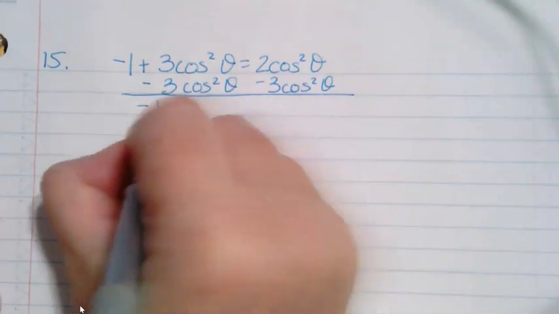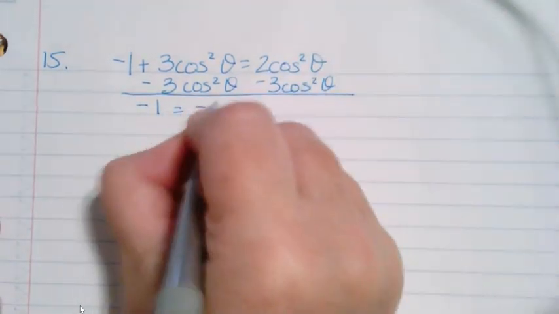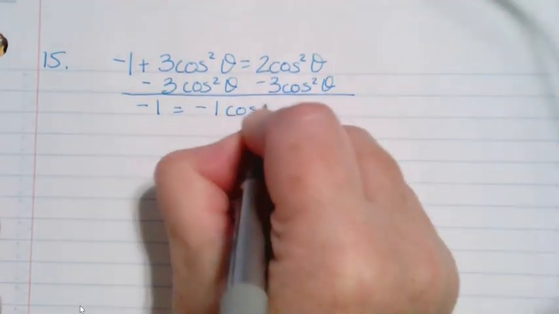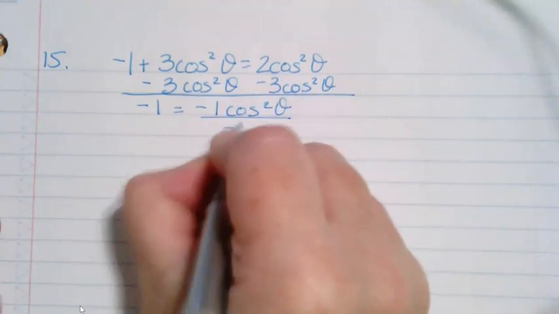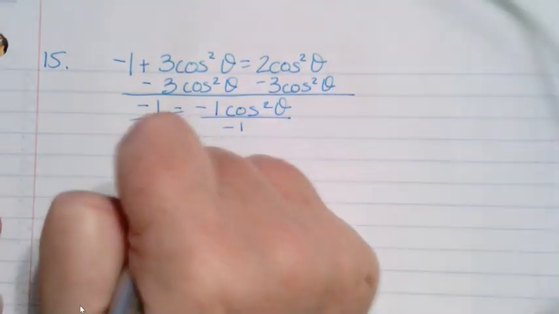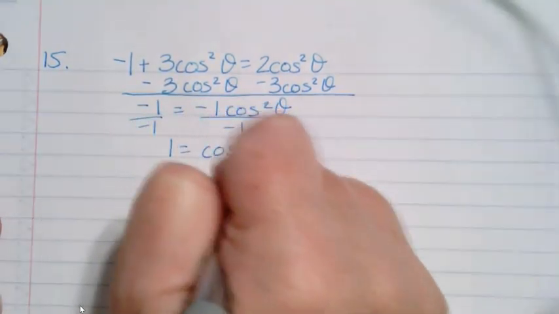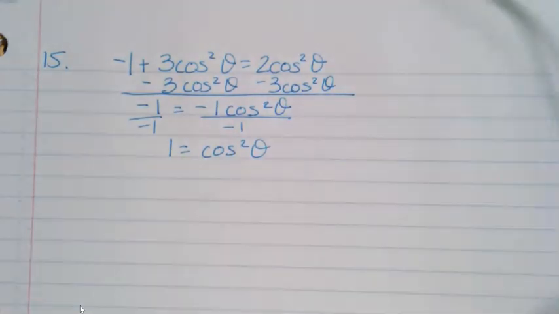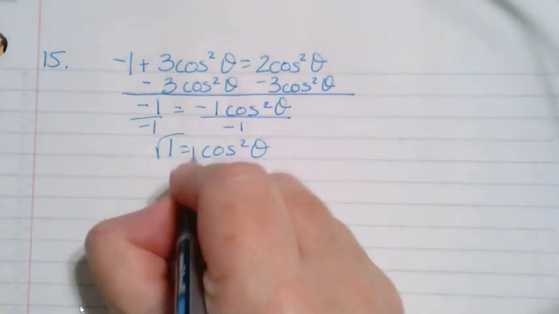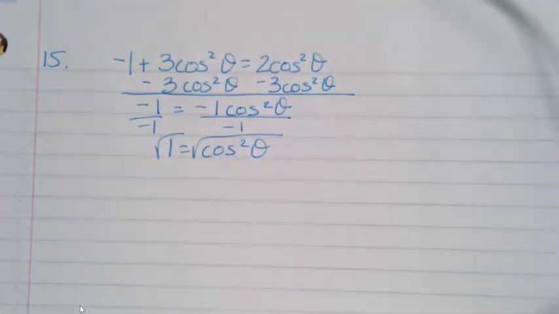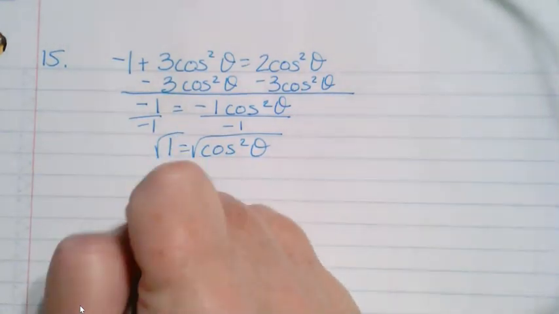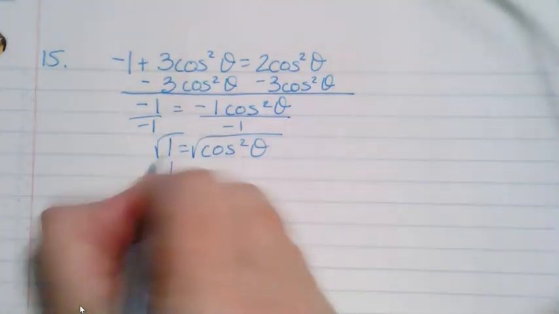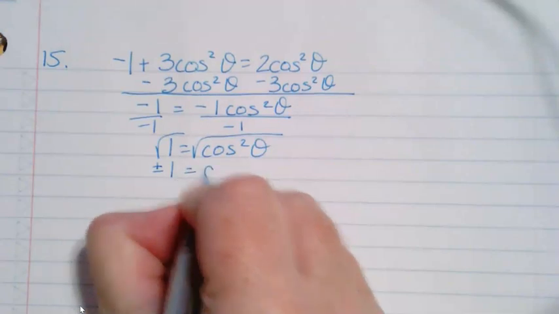And we get negative 1 equals negative 1 cosine squared theta, divided by negative 1, cosine squared theta equals 1. Okay, life is so easy, right? So now we take the square root. And this is where some of y'all made a mistake on your last test. When you take the square root of 1, yes, it is 1, but plus or minus.